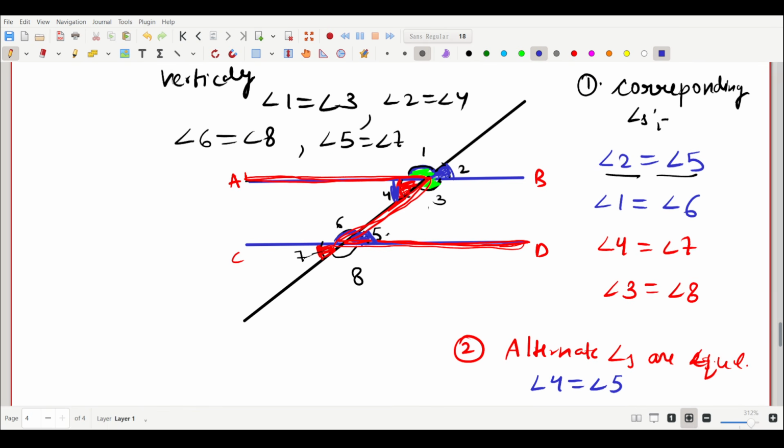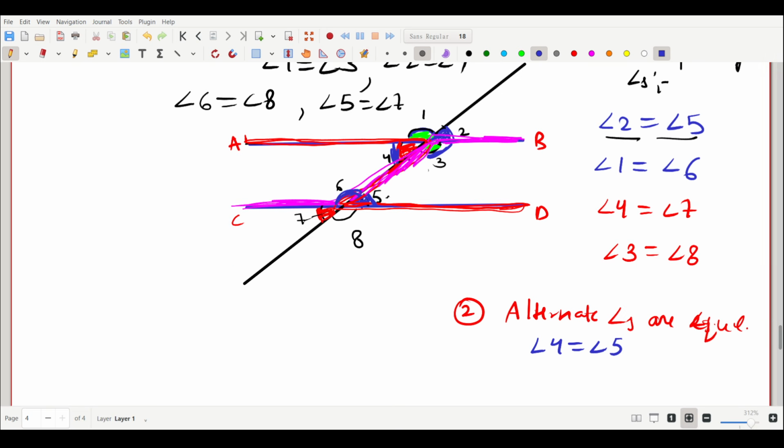Alternate angles are equal. Again, there is a Z here also, an opposite Z. I'm going to draw it with a different color this time, a pink color for example. See, this one and this path. Again, this is an inverted Z. And again, angle 3 is alternate to angle 6. So angle 3 is also equal to angle 6.